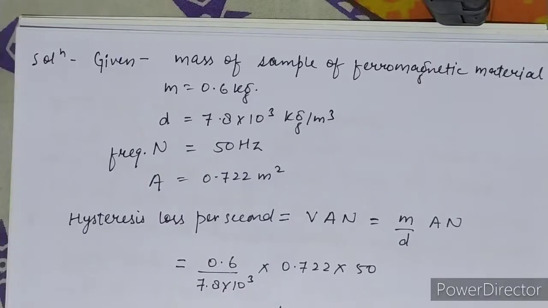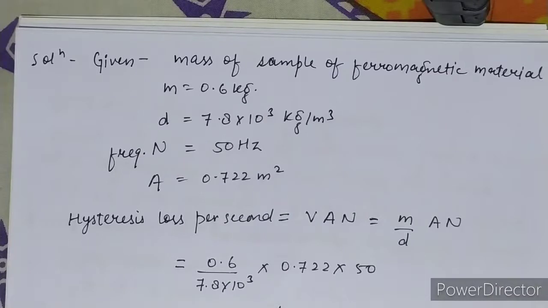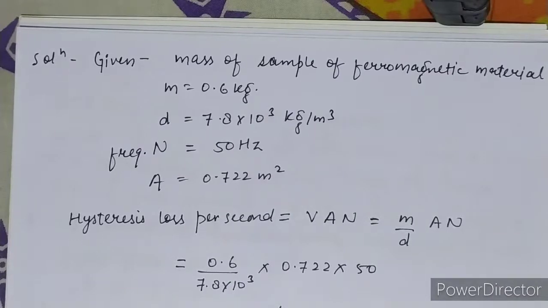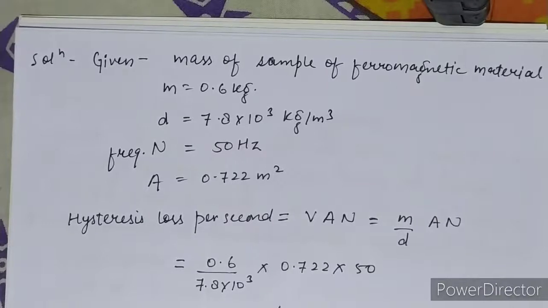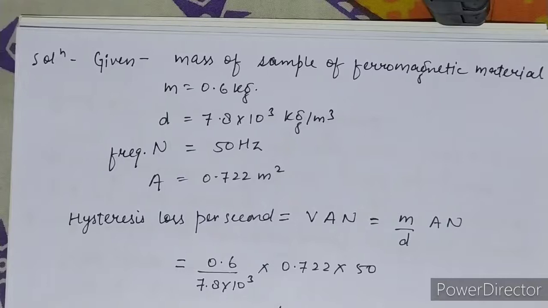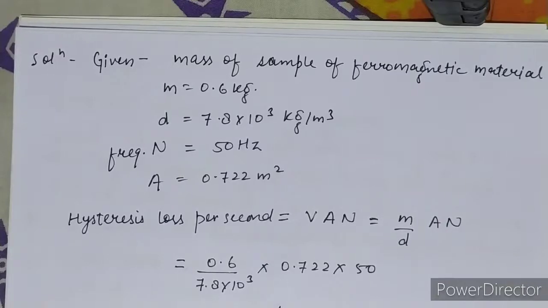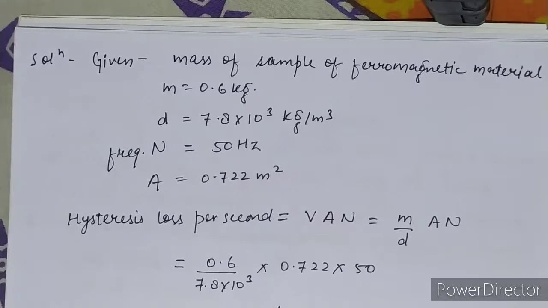That energy has been converted into heat energy, or is just the work done in rotating the domains. That's why the unit is that of energy only, so we have used joule here. So it is work done per second, and per second is already given, so it is only joule.